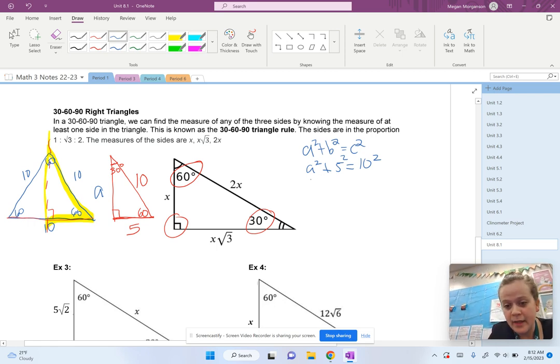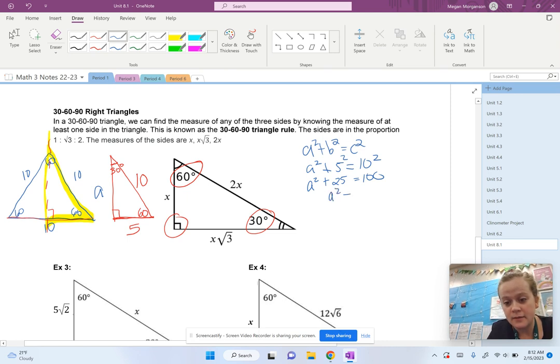Okay, so let's solve for a. A squared plus 25 equals 100. So I just did the squares. Now I'm going to subtract 25 from both sides. So 100 minus 25 is 75.